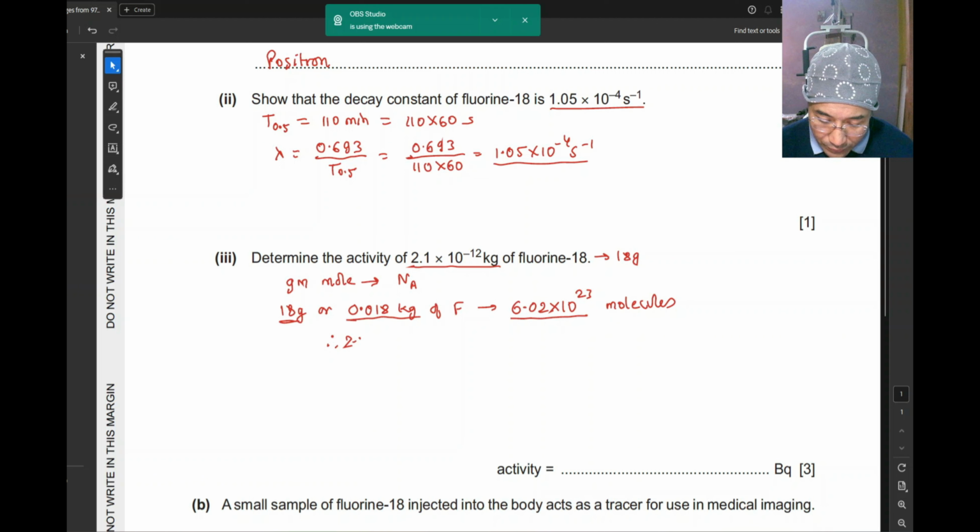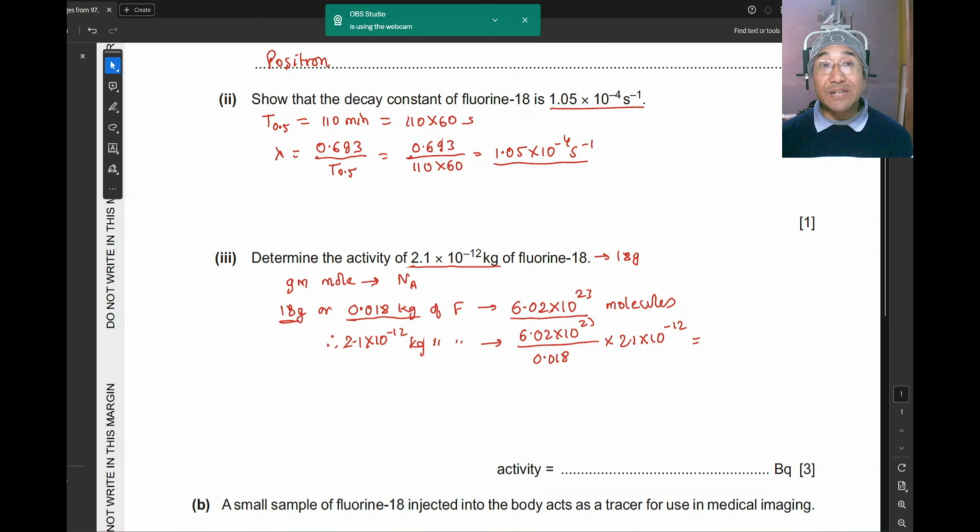So 2.1 into 10 to the power minus 12 kg of fluorine should have 6.02 into 10 to the power 23 divided by 0.018 into 2.1 into 10 to the power minus 12.